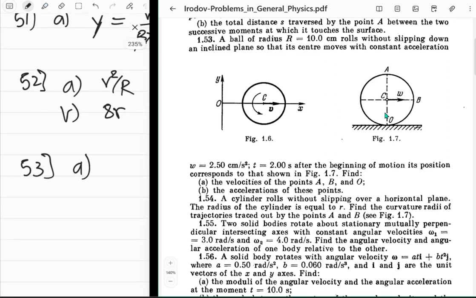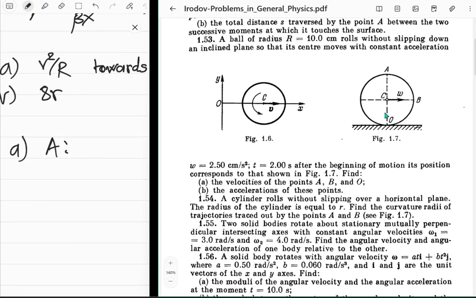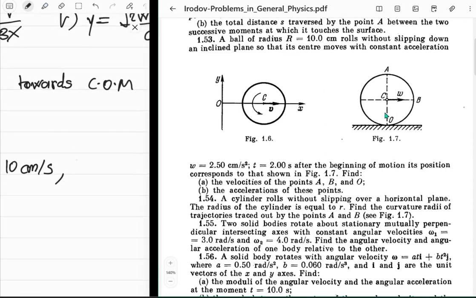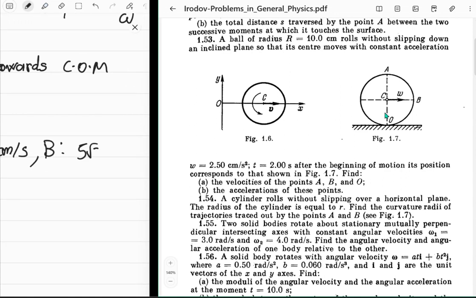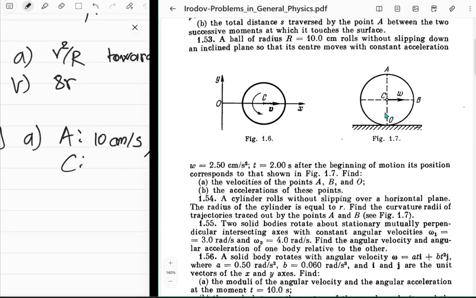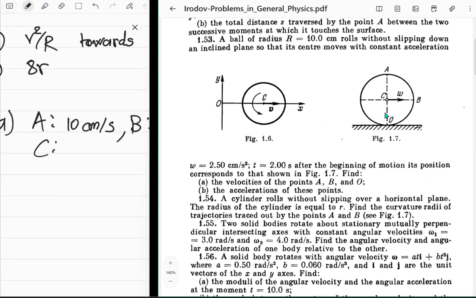So A is just 10 centimeter per second, B is 5 square root 2 centimeter per second. I don't like using centimeter per second, but it's easiest right now. And O is 0, so it looks weird, doesn't it?